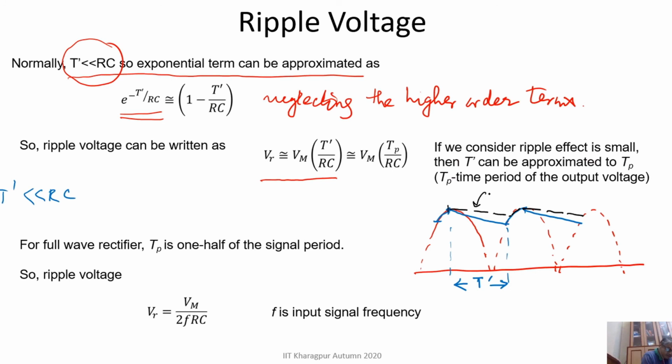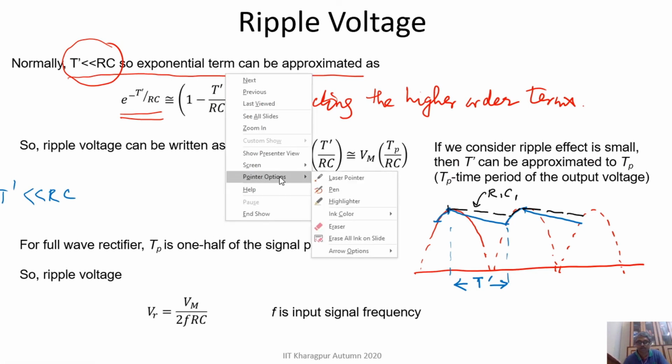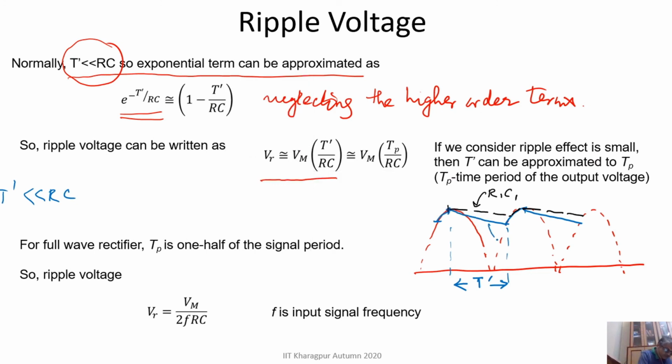Here this is my R1 C1, and this bottom one is because of RC. So you see RC is less than R1 C1, so that is why it discharged less.